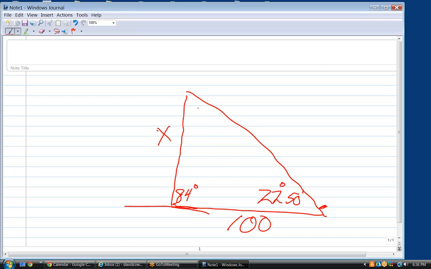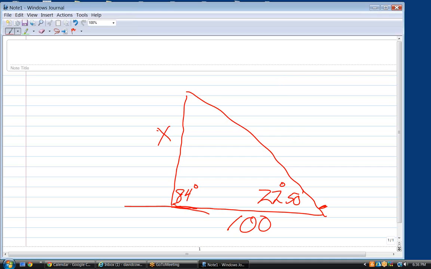So what's this angle here? Well, I don't know how to figure that out. They have to total 180. But what do you do about the minutes? Let's change 50 minutes into a decimal. How many minutes are in a degree? 60.